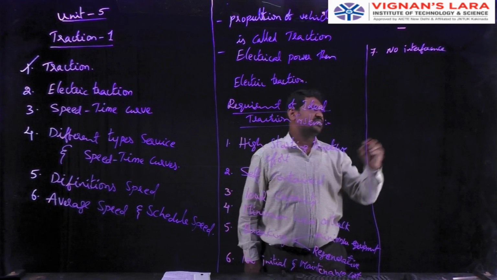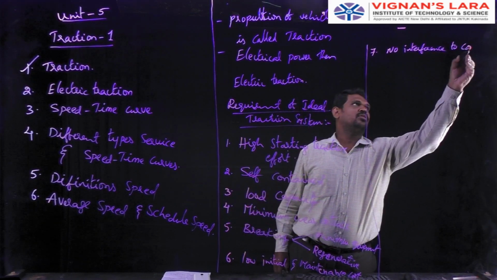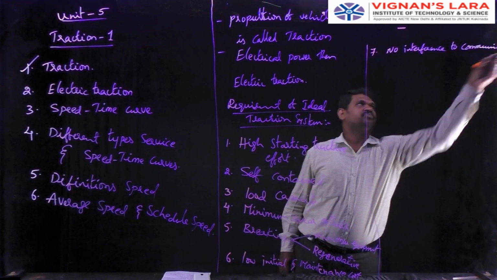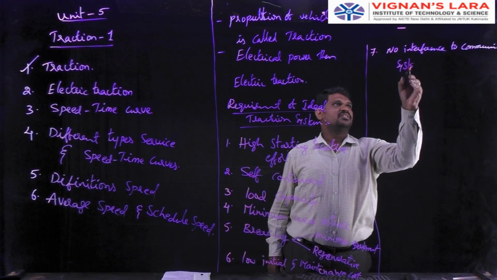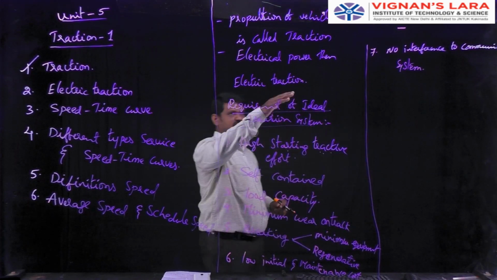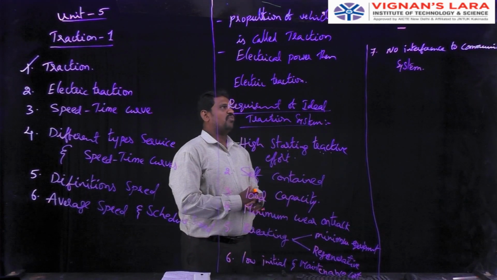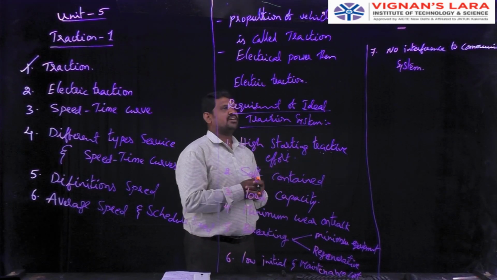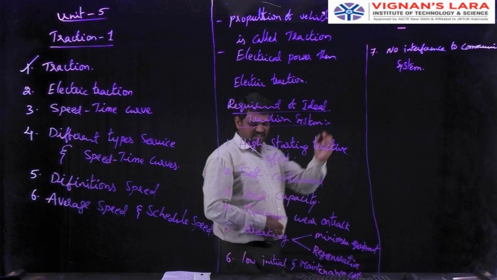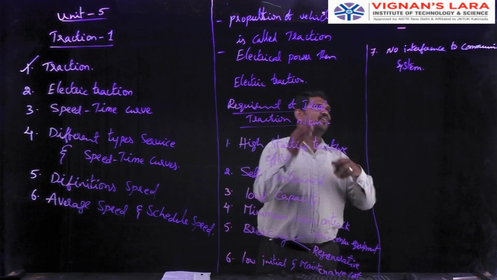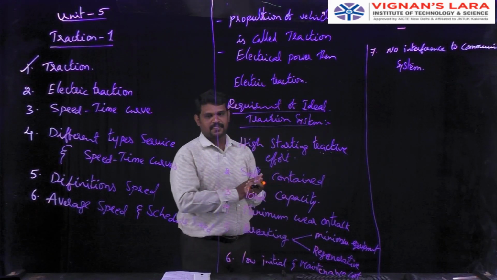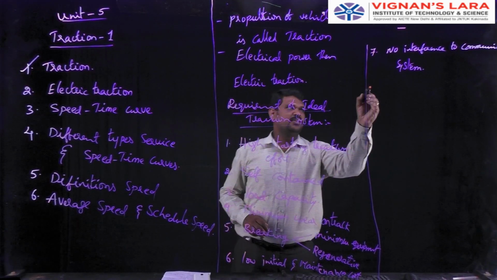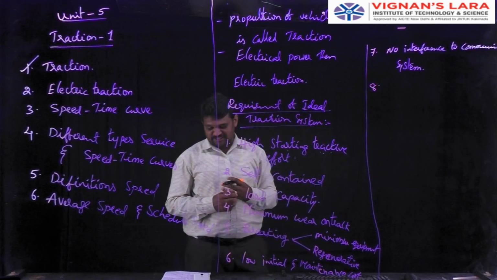Sometimes along with the traction system we want to place the communication lines. So because of this traction system you should not provide any interference to the communication system. Okay? So that is the seventh point.